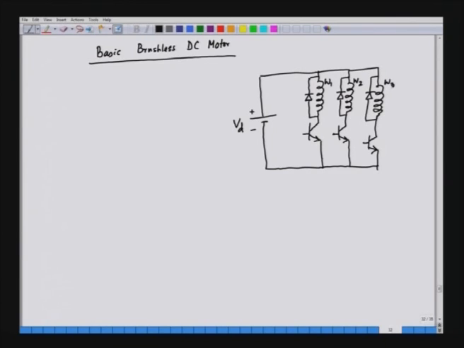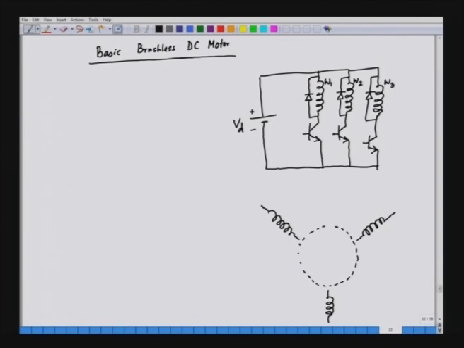We have 3 different phases, and how are they arranged? They are arranged in the following way. This is the structure we have. We have the rotor, and the phases are arranged in the following fashion. One winding is here, the other winding is 120 degrees away from this, and the third winding is again 120 degrees away from the other winding. So, this is how the windings are arranged.